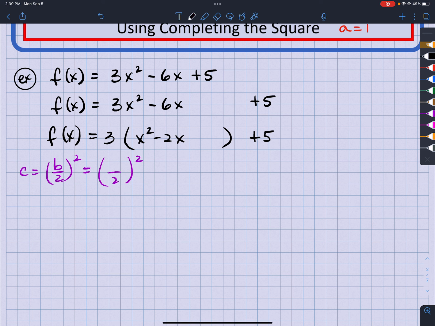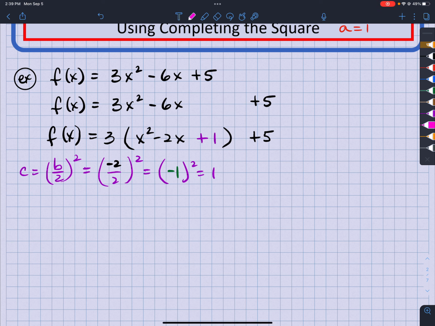My b is negative 2, so that is going to be negative 1 squared, which is equal to 1. So I have to add 1 to this.